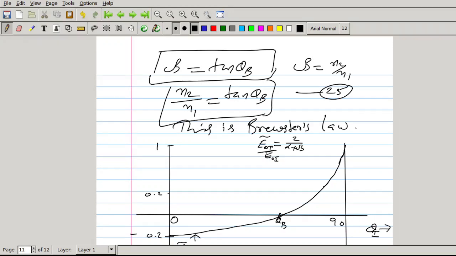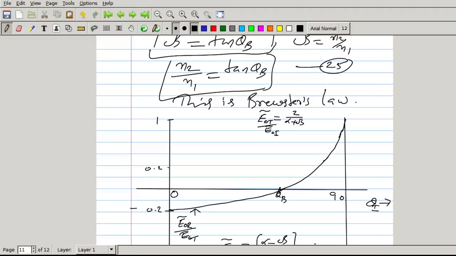As alpha increases, this term decreases. So when alpha is 1, alpha is minimum, this is maximum. So if the maximum value of this one is minus 0.2, then it can only be 0.8. So the total of this will be 1. So minus 0.2 to 0, it is 0.2, then here it is 0.8.